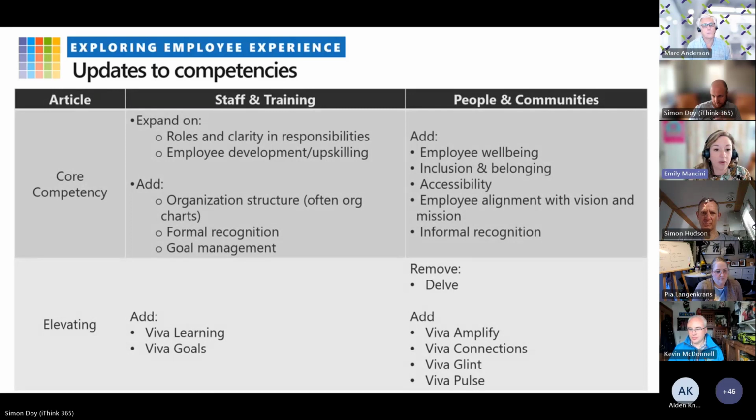So looking at the updates to the competencies, this is my proposal. You'll see in our table, we have our core competencies called out, and then our elevating articles are below. Our core competencies, we were trying to keep technology agnostic.